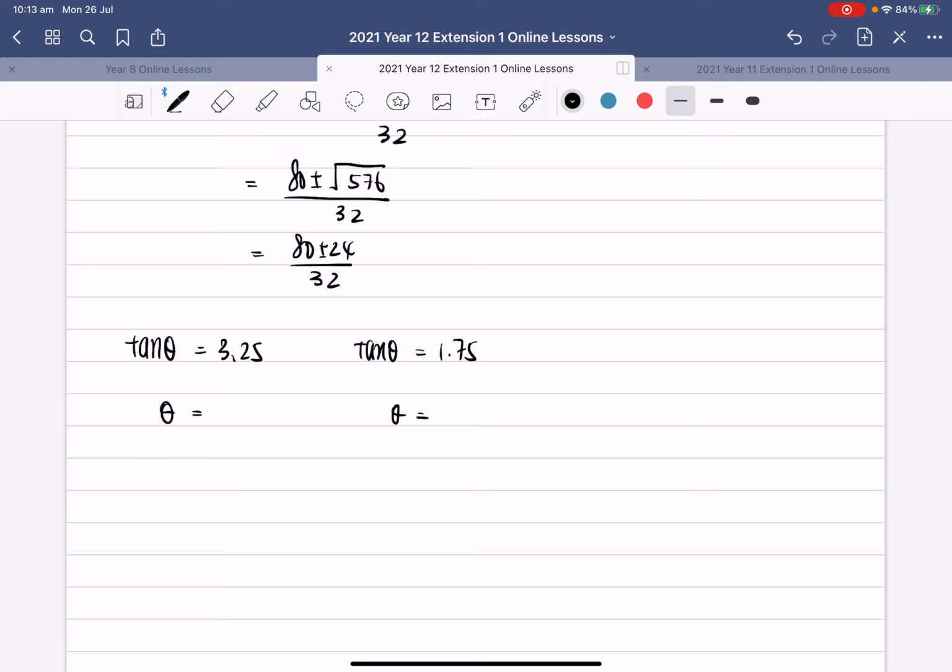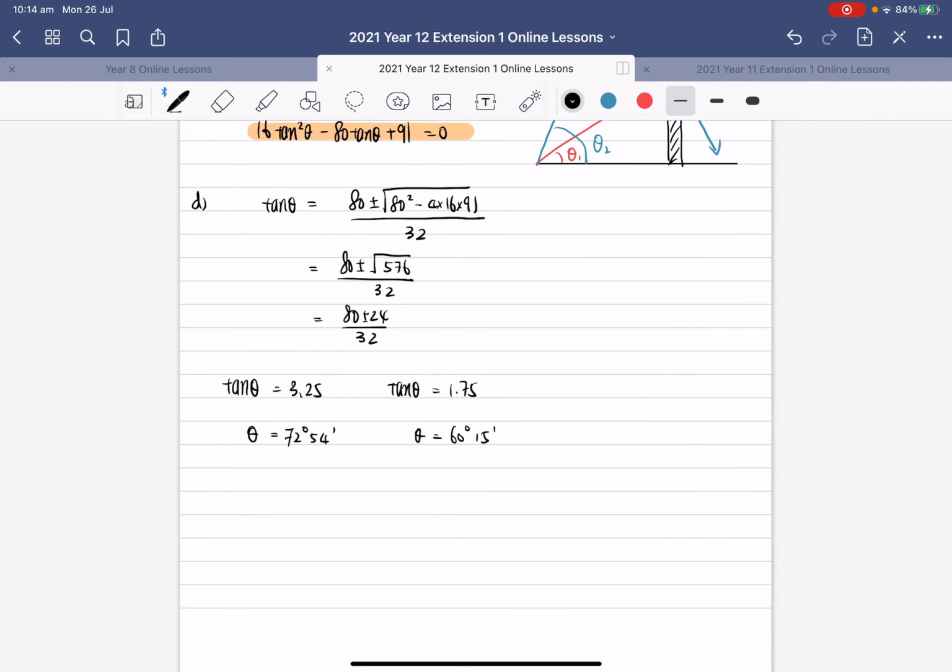It's to the nearest minute, I think. So the first angle here is 72 degrees and 54 minutes. And for the second one, okay, 60 degrees and 15 minutes.